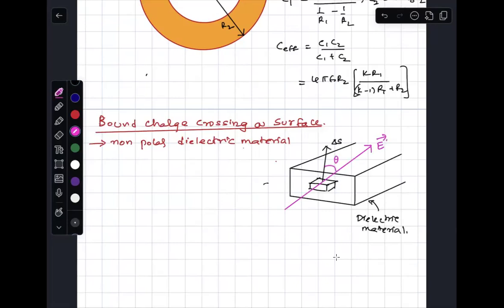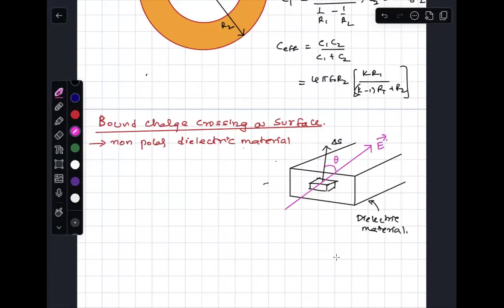What will happen? You already know there is some polarization. In the process of polarization, positive charge will move in the direction of electric field, negative charge opposite to that. So basically, the polarization or dipole moment is aligned along the direction of the field.